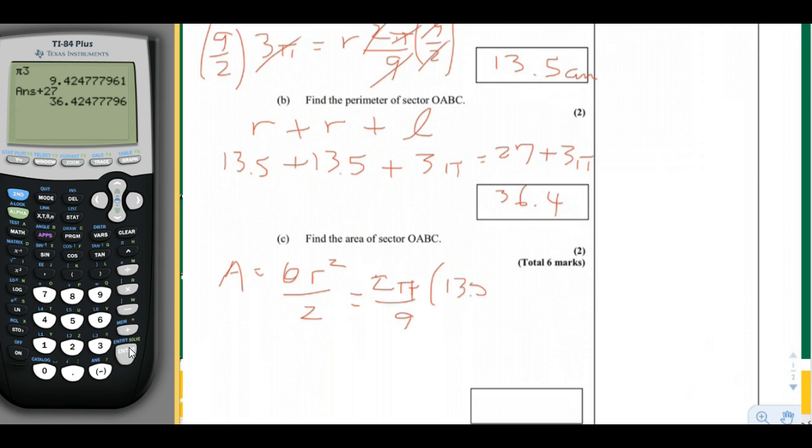And so this is just, you know, a lot of calculator multiplication and division. So 2 times pi, we could either put 3.14 or we could put the pi symbol times 13.5 squared. And look, I even did something that I could have canceled out these 2's. That would make things easier, right?